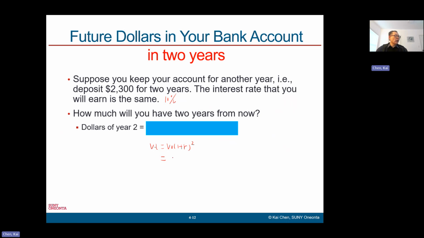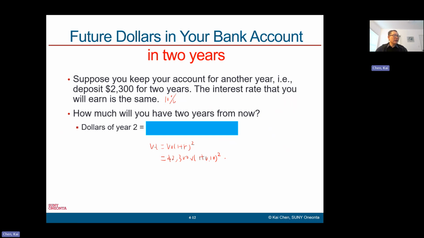Now we can calculate. V0 is $2,300 times 1 plus 0.10. Over this 2 years, the growth rate is constant. Every year your bank will pay you 10% interest rate. Now what is the power? Power is the second.